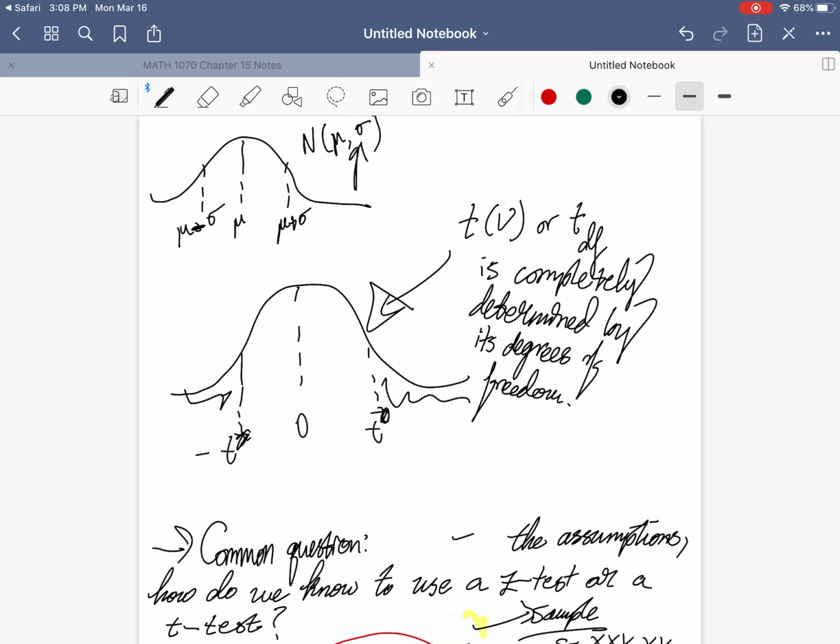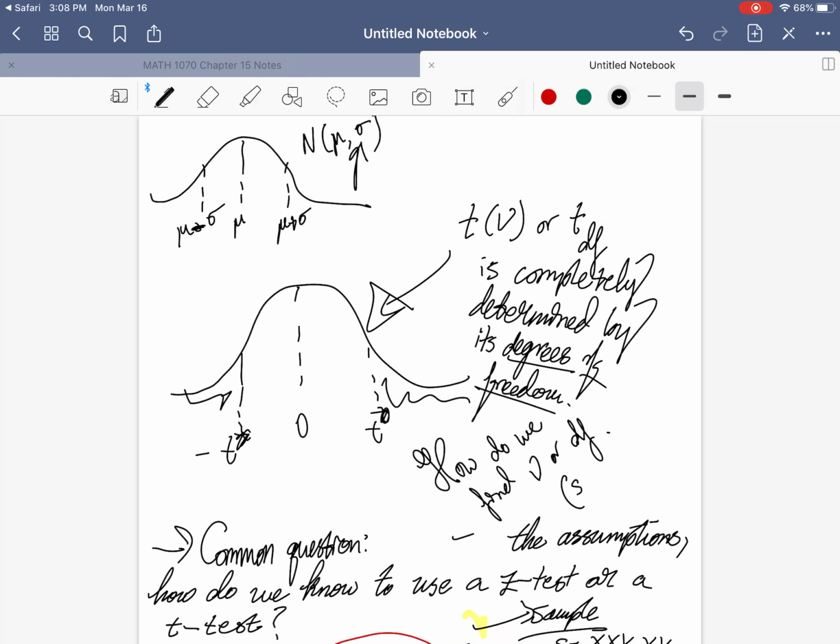Okay. And because it's completely determined by its degrees of freedom, we need to know how to find this. So we'd say, how do we find nu? Or as is denoted by df. Either is acceptable, okay? df, of course, meaning degrees of freedom.